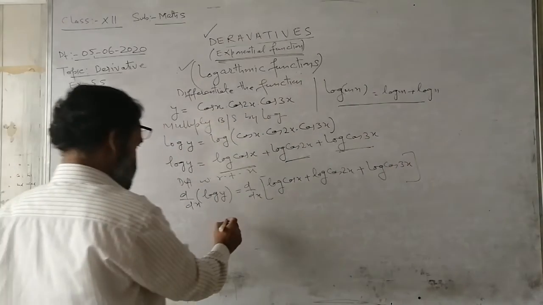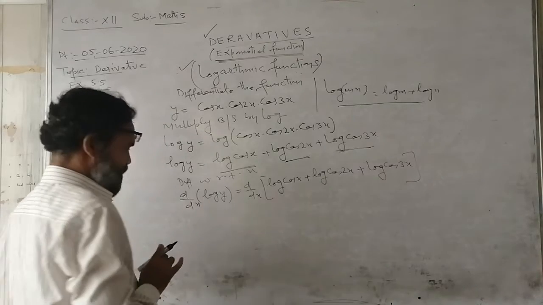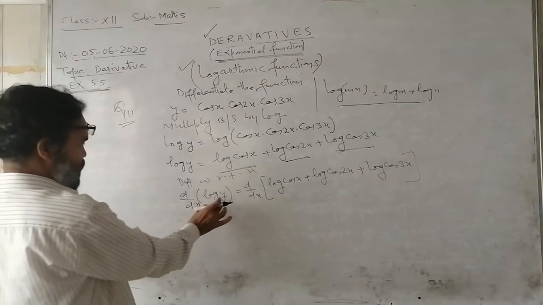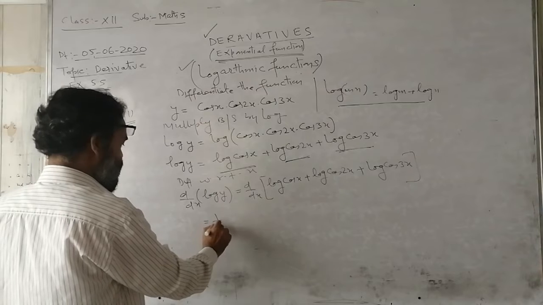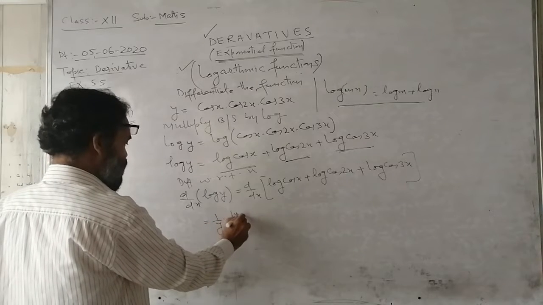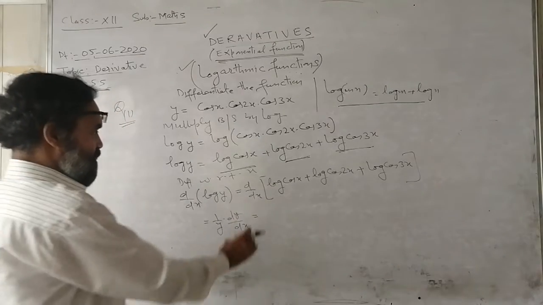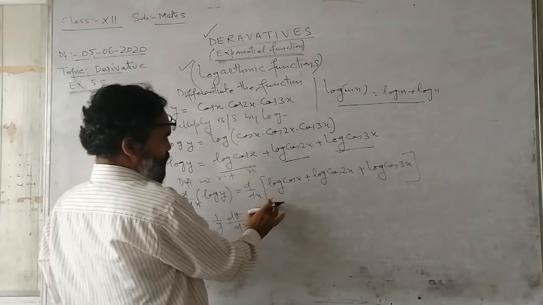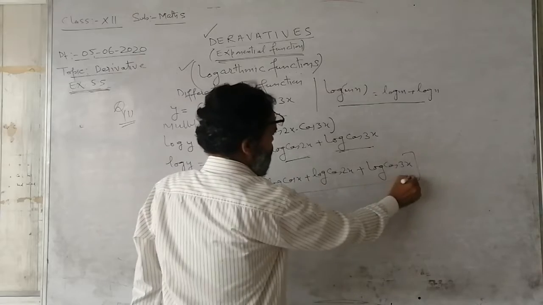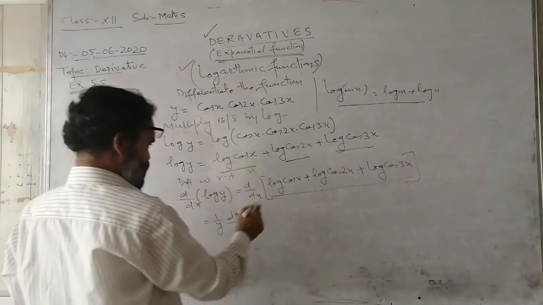So this log of y, this is 1 upon y into dy upon dx. This will be equal to the derivative of sum of 3 terms. They are separate.